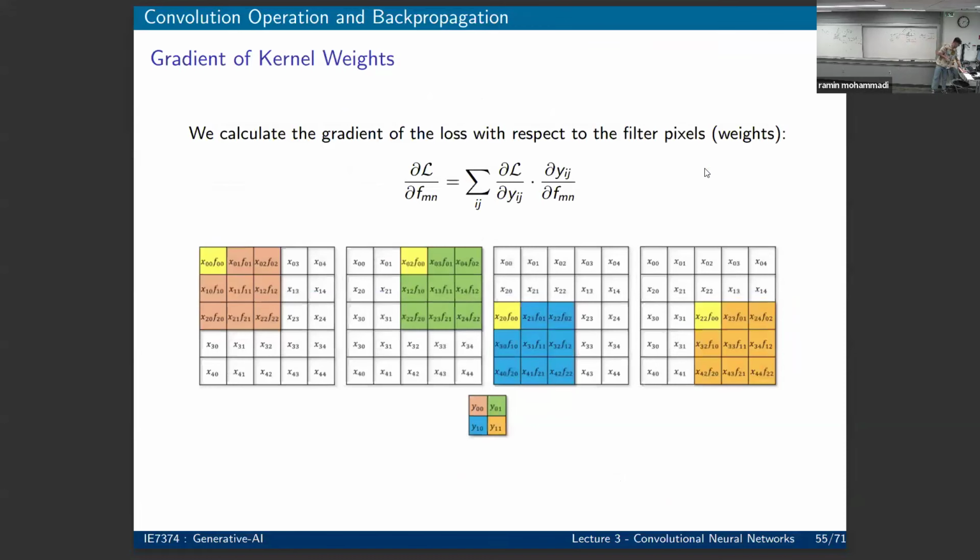How could we keep track of this? So actually, it turned out that in the backpropagation, you could use a convolution process to do the operation. How?